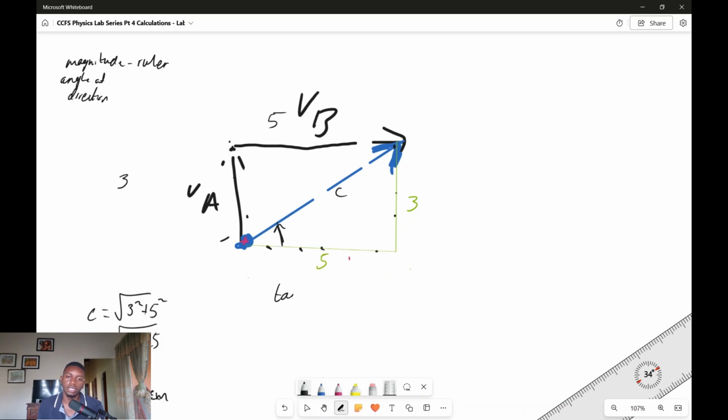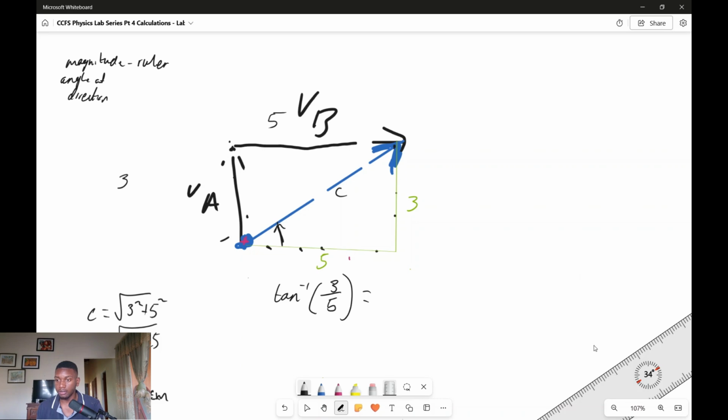So this is going to be tan inverse of opposite over adjacent, which is 3 over 5. That is tan inverse of 0.6. Does my calculator have that standard? It's scientific.